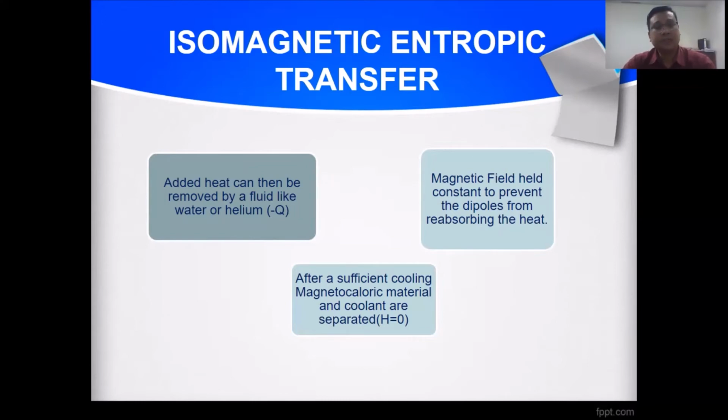And then in the isomagnetic process, we try to add the heat inside the system. The magnetic field is held constant to prevent the dipoles from reabsorbing the heat.